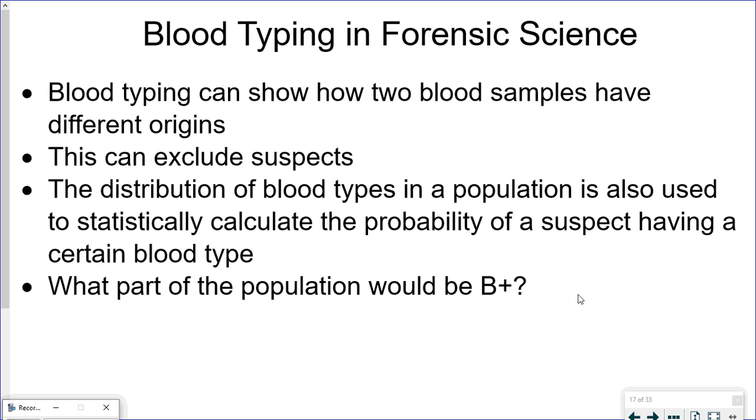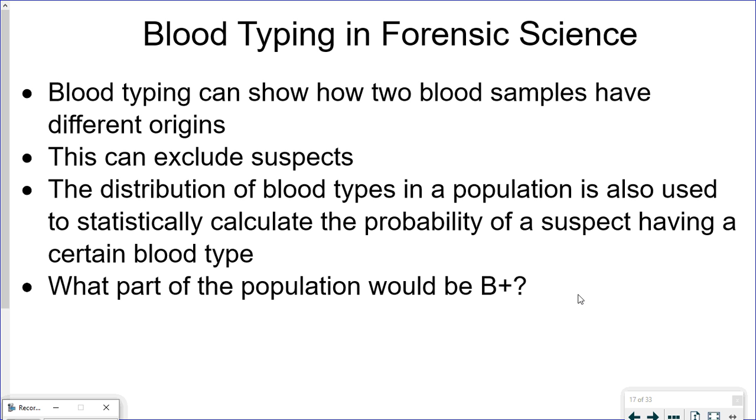So we did probability back in Unit 2. It's been a while. But remember, you end up multiplying the percentages together to get the combined percentage. If we want to know what part of the population would be B positive, we would multiply those two percentages together.